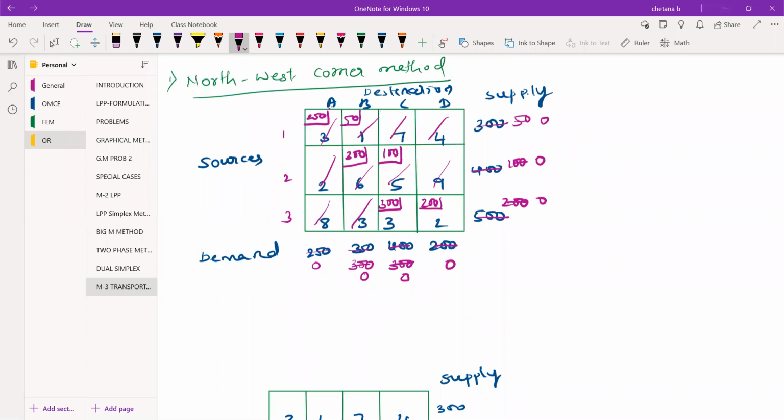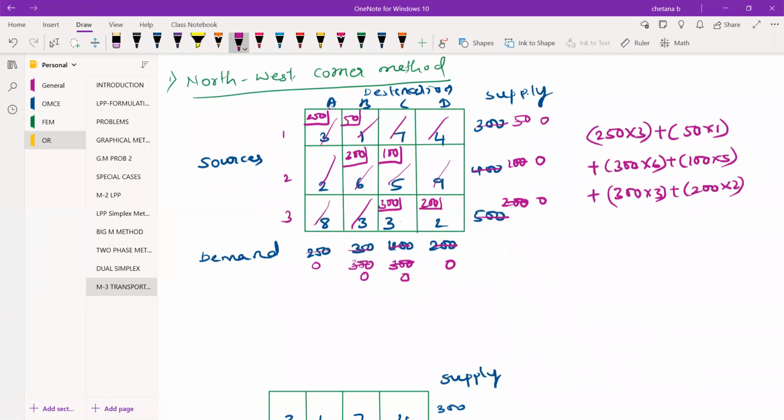So 250 into 3, the product you need to consider, plus next cell is 50 into 1, plus next cell allocation is 300 into 6, plus 100 into 5, plus 300 into 3, plus 200 into 2. When you take the summation of all this, this is rupees 4,400.